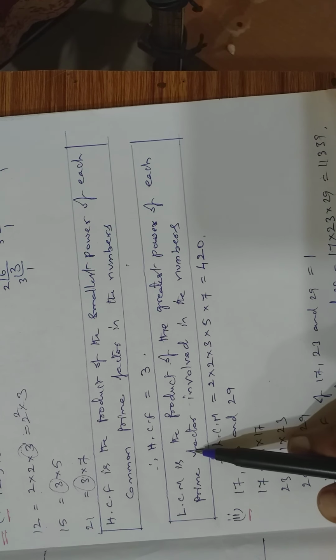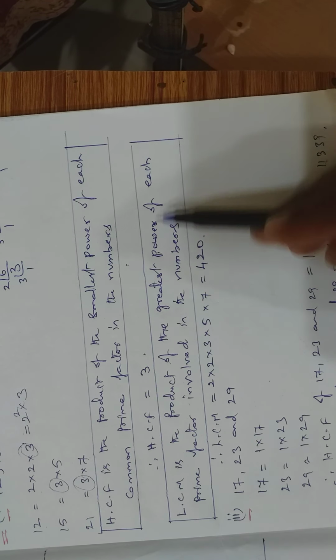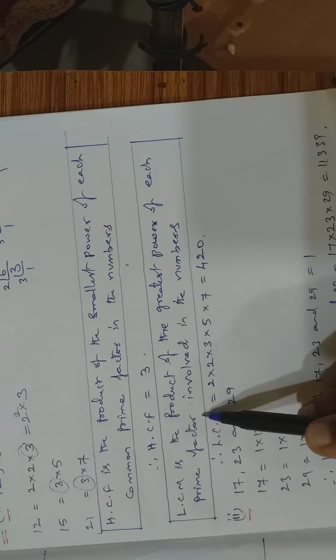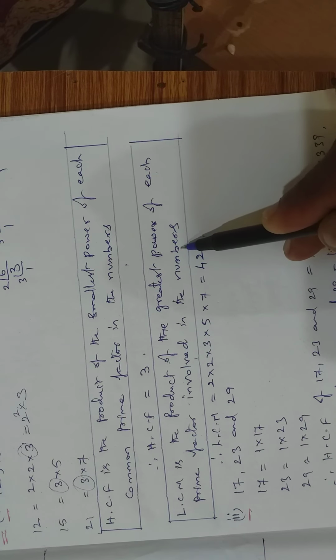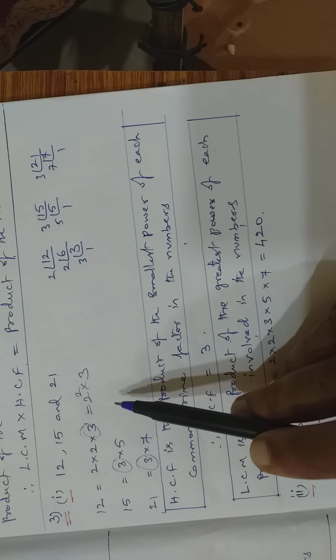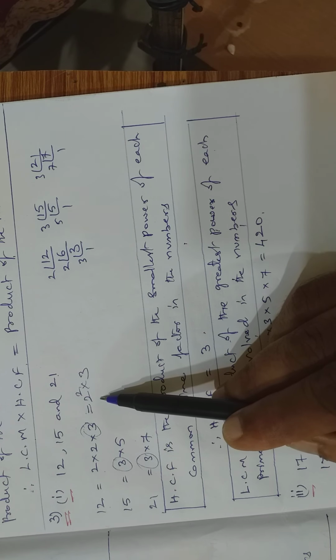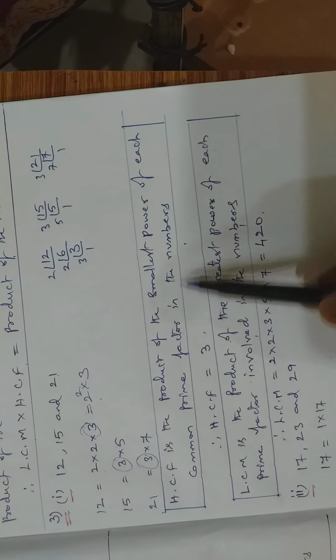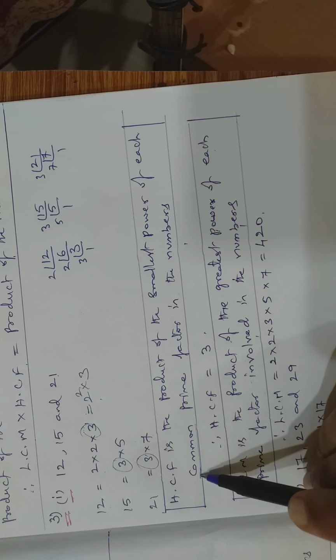And LCM. LCM is the product of the greatest powers of each prime factor involved in the numbers. So now we have to go with each and every factor in the prime factorization. In the HCF, we have taken only the common prime factors.